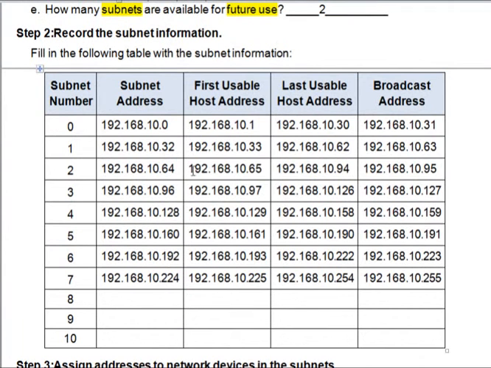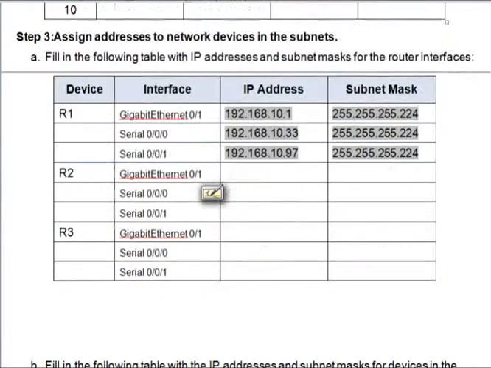The range of addresses we can give is between .65 and .94. So we go over here and allocate the first address, any address within the subnet, and the same subnet mask.